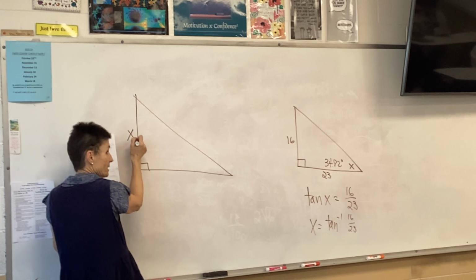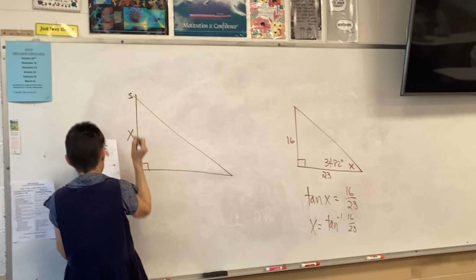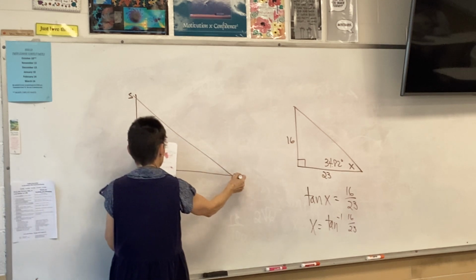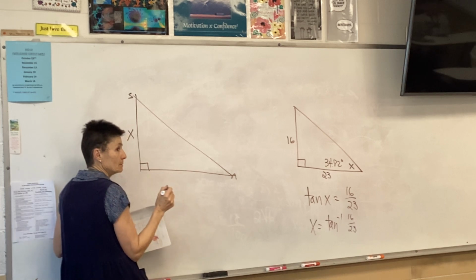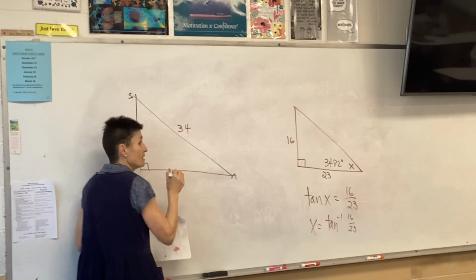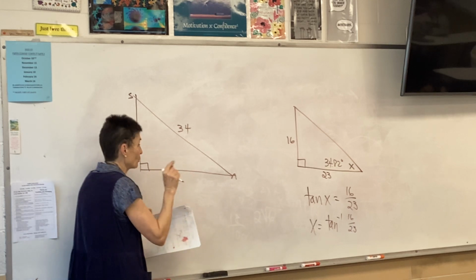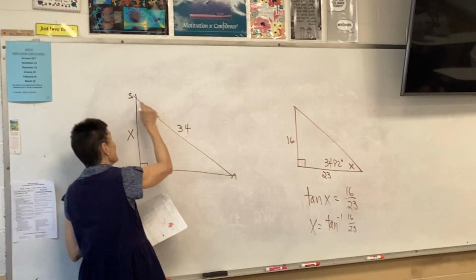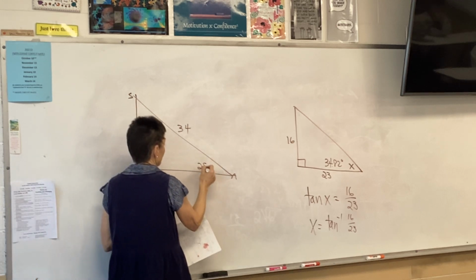How tall is a tree? A squirrel at the very top spots an acorn 34 feet from him. Hypotenuse, perfect. Remember, we read every word and then do what it says. So 34 feet from him, and the angle is 28 degrees 10 minutes.